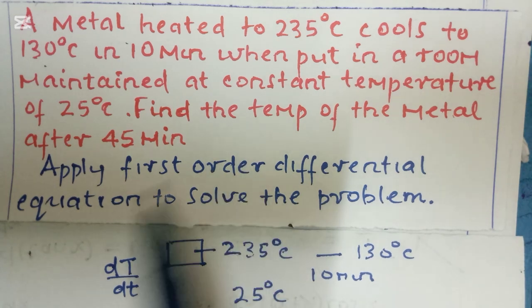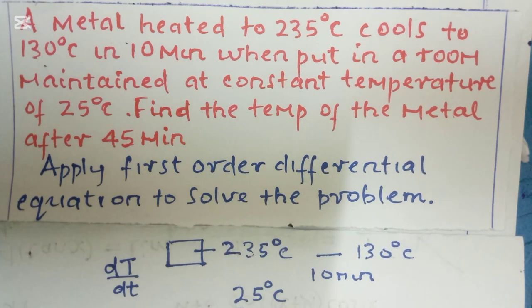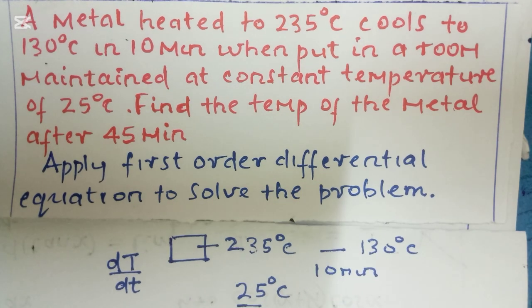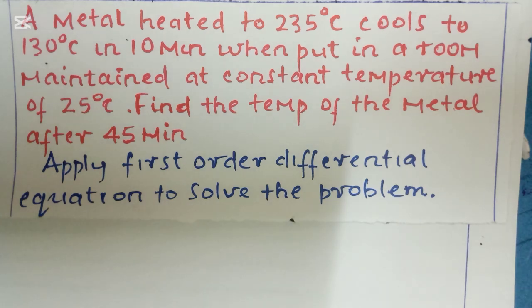But now guys, we are asked, what about after 45 minutes? That's what we are going to look at, knowing that it is losing heat with respect to time, that is, there is a change in temperature with respect to time. So we start off.